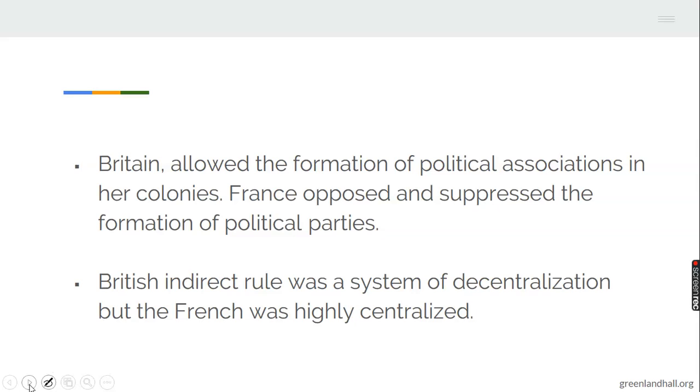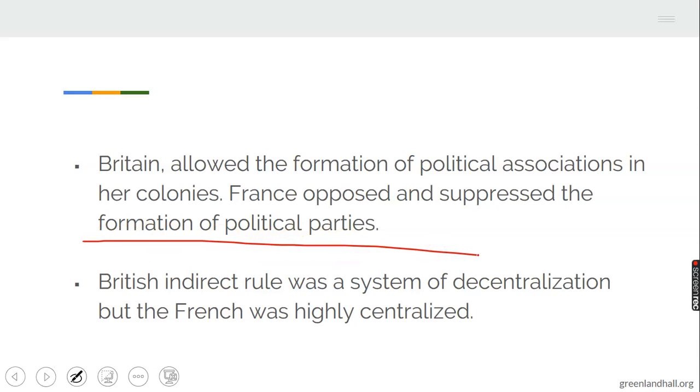But France opposed and suppressed the formation of political parties. Another one, British indirect rule was a system of decentralization. I mentioned that one earlier. But the French was highly centralized, that is, French people dominated the system. Why? The British allowed Africans to be part of their administration.